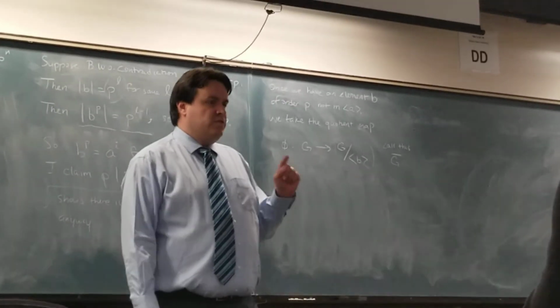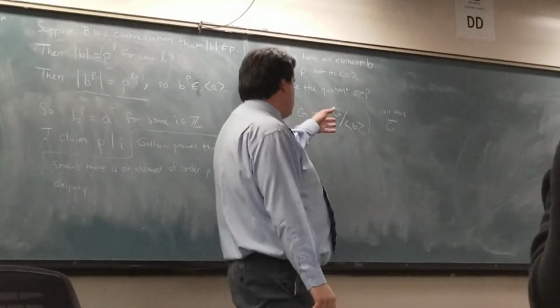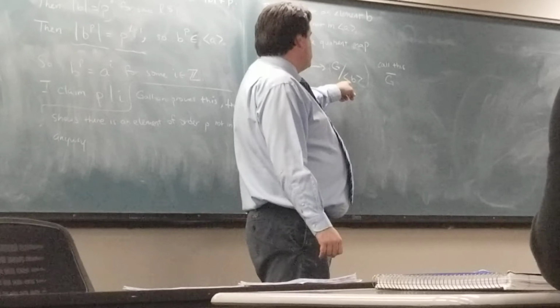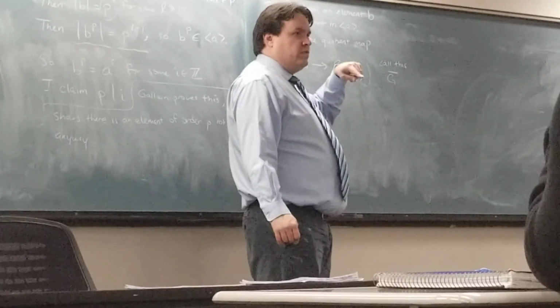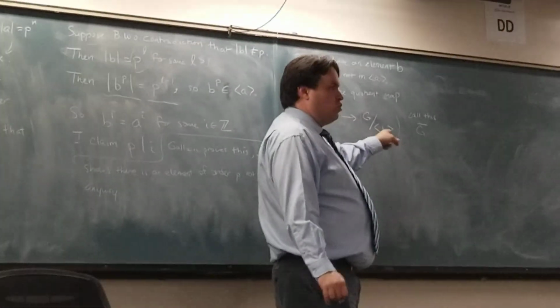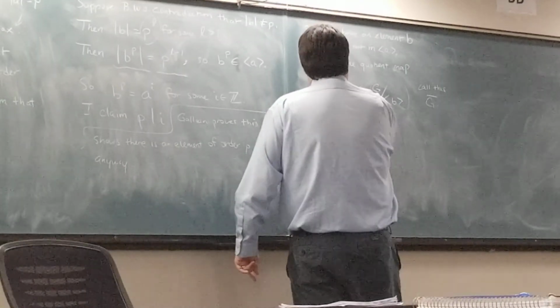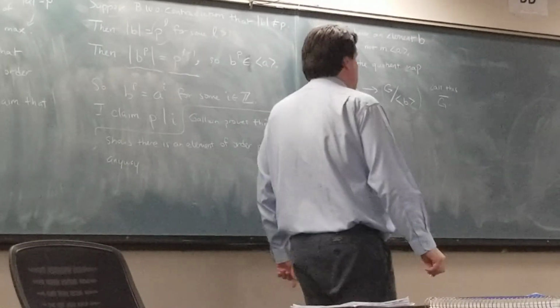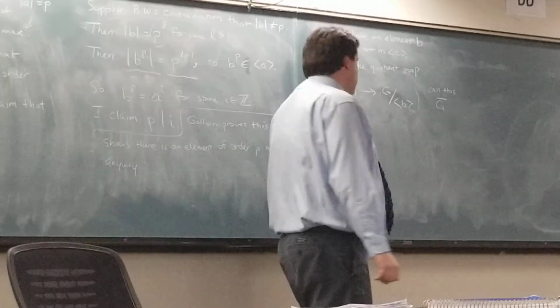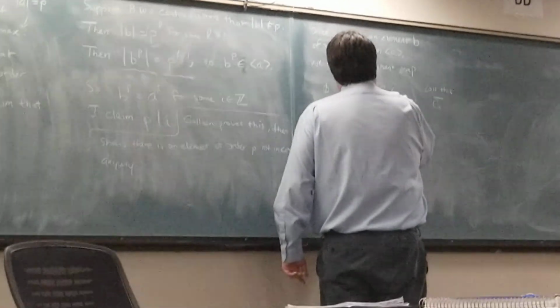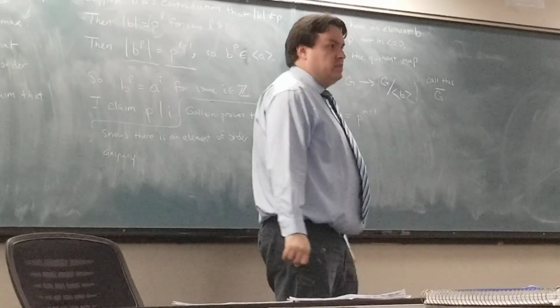Now, if you take the quotient group of G, which has order, I think it was P to the M, modulo this subgroup, which we've now proven, or well, Gauss has proven, has order P, then the order of this quotient group is P to the M minus 1.